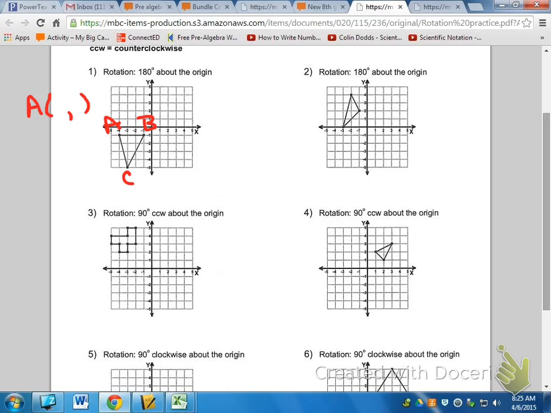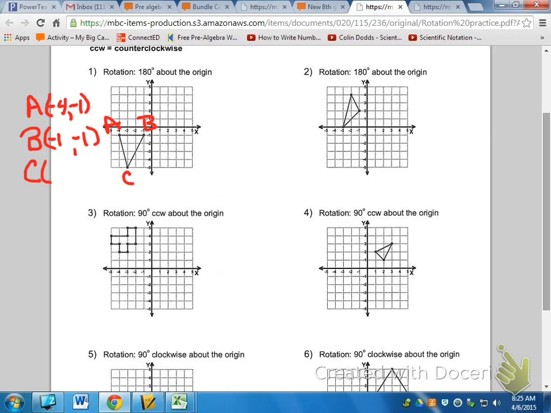Anybody know what A is, Freddie? -4, -1. Okay, what about B? Can somebody tell me what B is? Amber, good. And negative 1, negative 1.